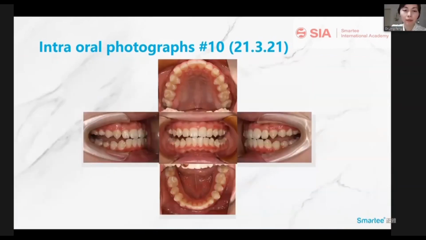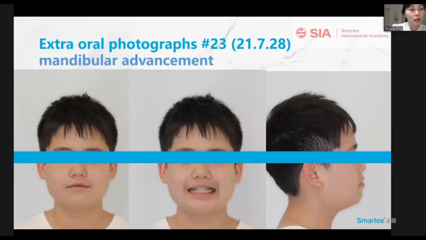And the buccal open bite appeared. But don't worry about it, because with the space we can extrude the lower molars or premolars very easily. Mandibular advancement.